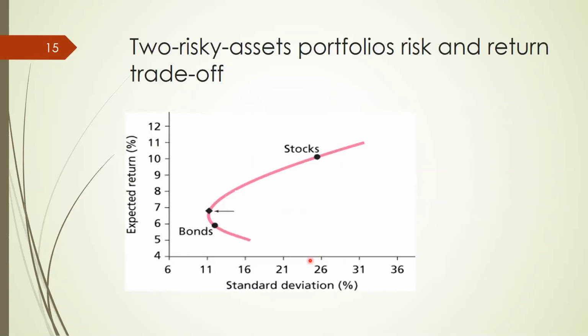In general, if we plot the combination of return and risk for the stocks and bonds based on different allocations, we can form this investment opportunity set.